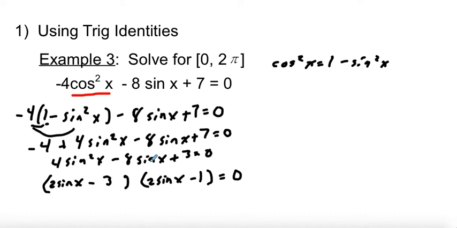So I'm going to go ahead and finish solving this one. 2 sine x minus 3 equals 0. And 2 sine x minus 1 equals 0.